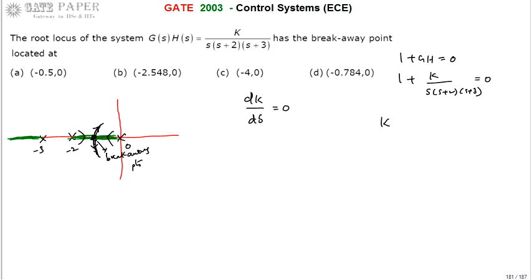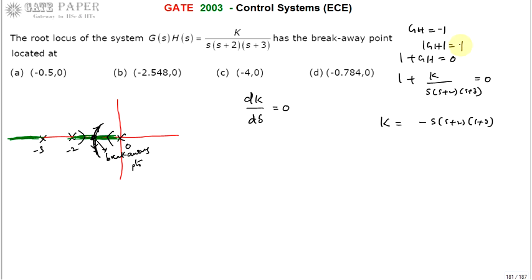So GH = minus 1, and the magnitude of GH is 1.